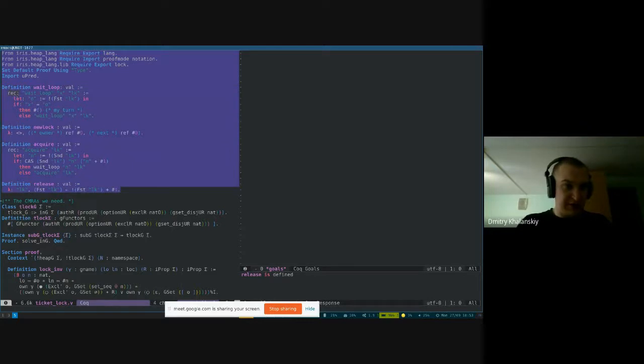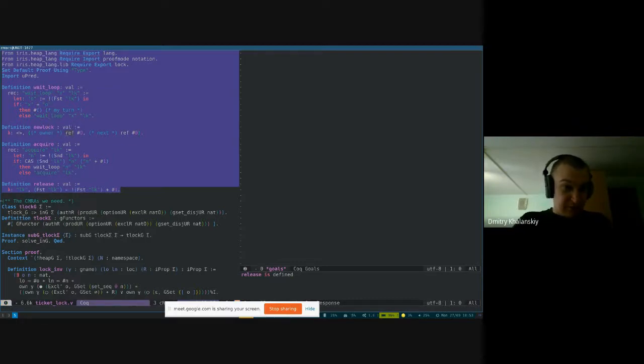Rec is the operator that defines new recursive functions with this name and these arguments. The exclamation sign is the operator for reading from memory locations.